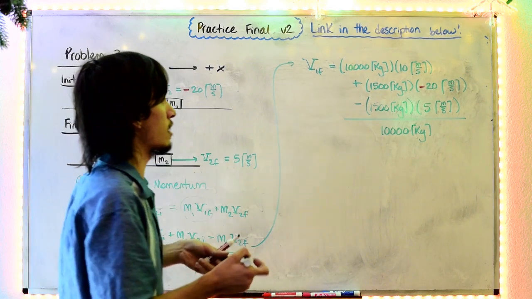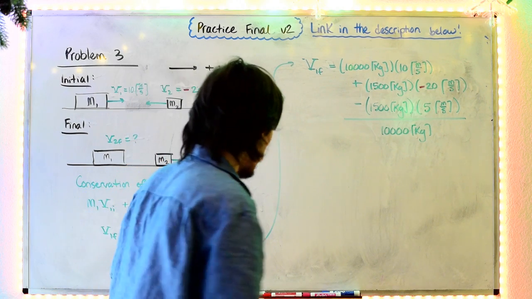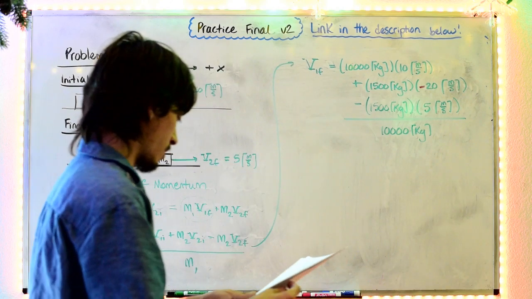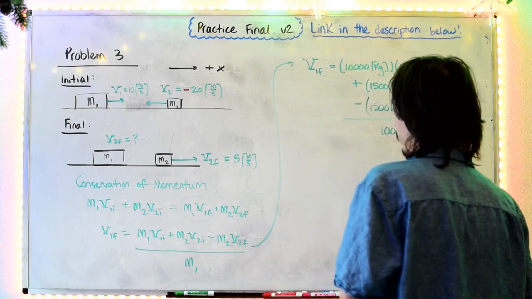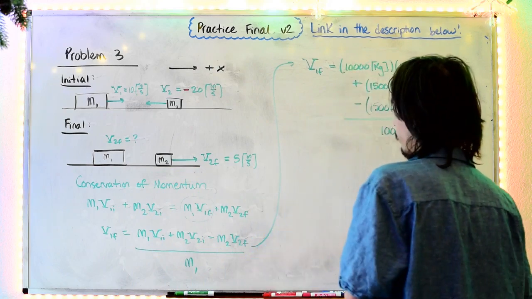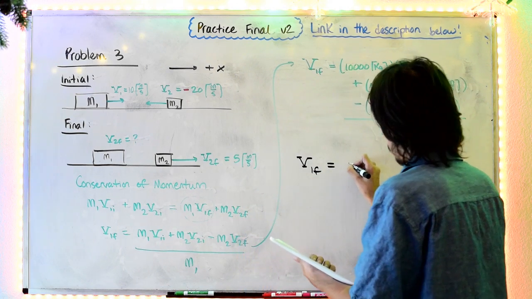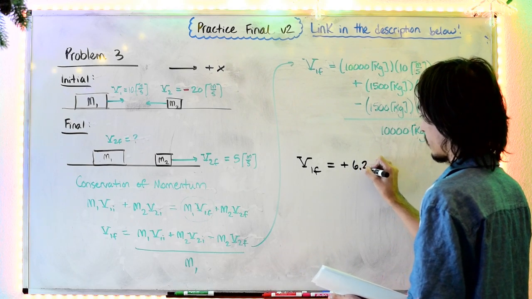So that's also positive. So now, with the direction accounted for, that's going to yield us the right answer. With that, the answer that we get for this is that v1 final, in other words, the final velocity of the truck, equals positive, I'll emphasize the positive here for a reason, positive 6.25 meters per second.